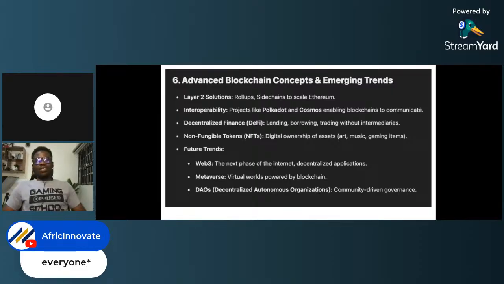It can be divided into different units. Ethereum can be divided: half Ethereum, quarter Ethereum. You can have 0.001 Ethereum, 0.1 Ethereum, 1 Ethereum. It can be divided, so that type of cryptocurrency asset is fungible.